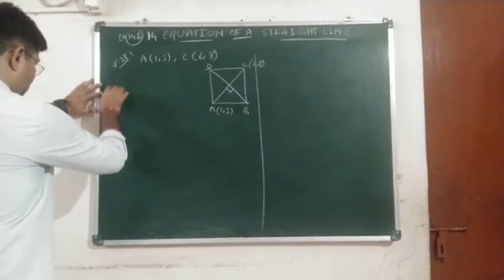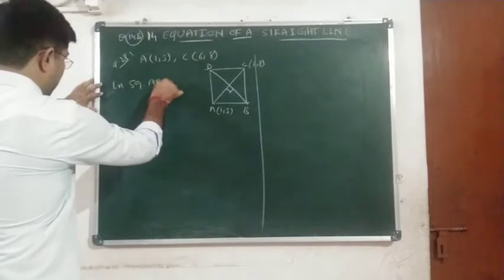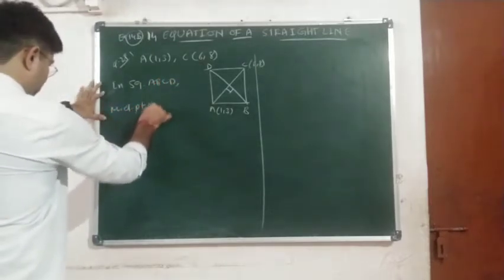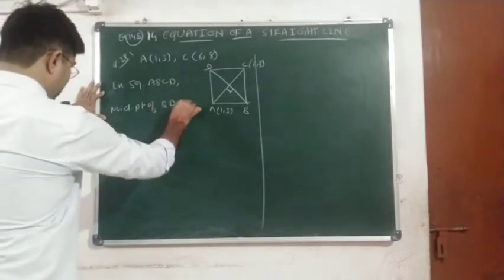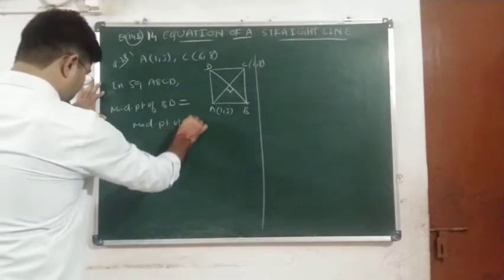In square ABCD, midpoint of BD is equal to midpoint of AC.